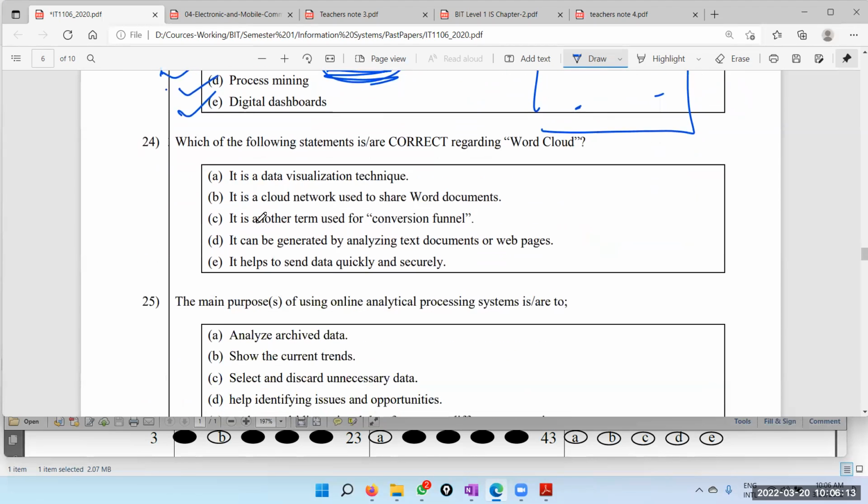Right, 24. Which of the following statements is or are correct regarding word cloud? Word cloud is one way of visualizing information, especially when you are referring to web pages, books, and even websites. We want to see which topics they discuss more than the others.